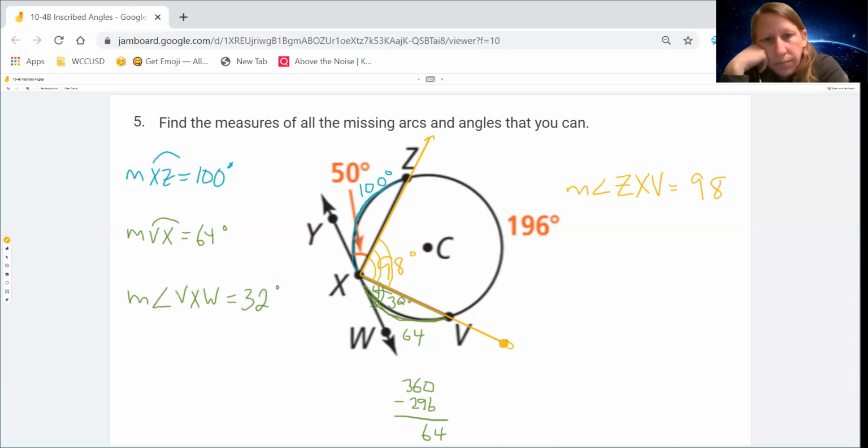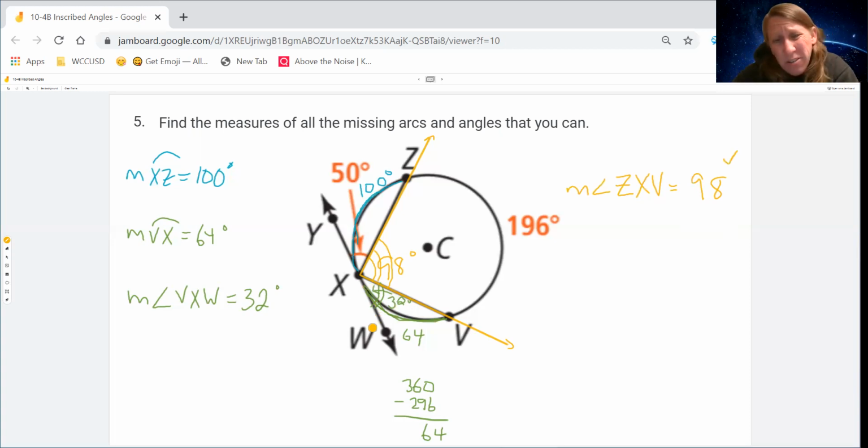Yeah. What's the other way to do the problem? The other way to do the problem is say that 50 plus 32 plus something has to make a straight line. So we can check it by adding 50 plus 98 plus 32. It does equal 180, so I'm pretty sure it's right. I checked it because these three angles together make 180.